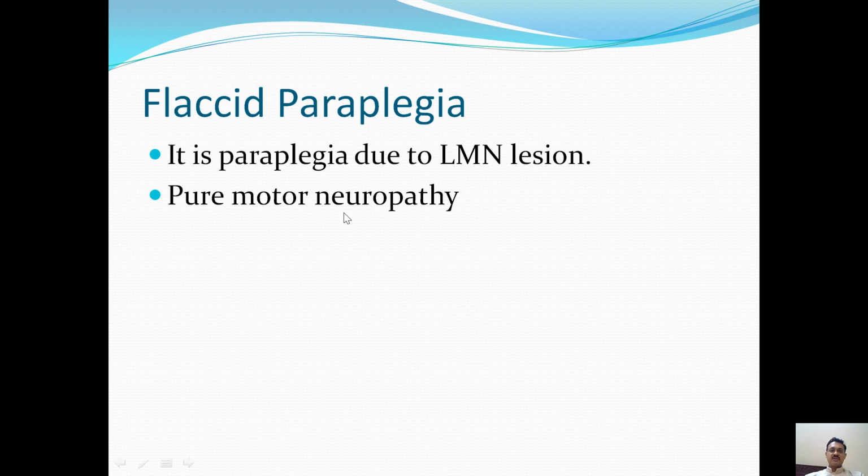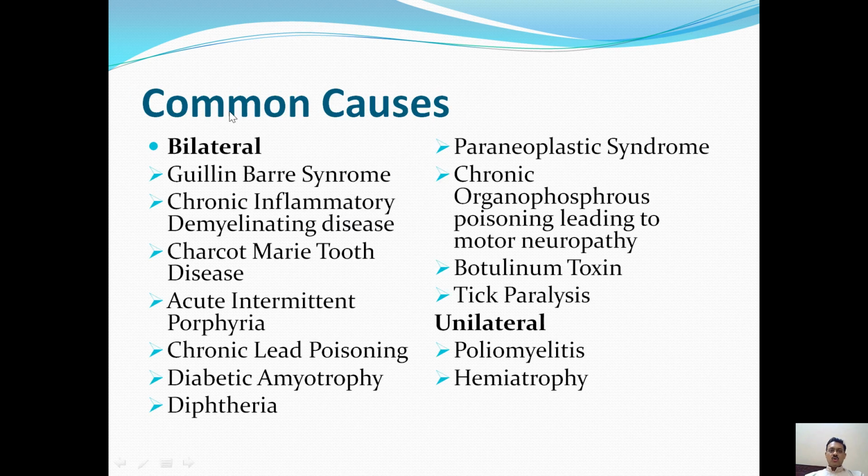So, what is our differential diagnosis now of acute motor weakness or pure motor weakness? These are the common causes for the pure motor weakness. If the symptoms are bilateral, then GBS, Guillain-Barré syndrome, which we are going to discuss in the next few slides, is a demyelinating type of neuropathy with acute onset.